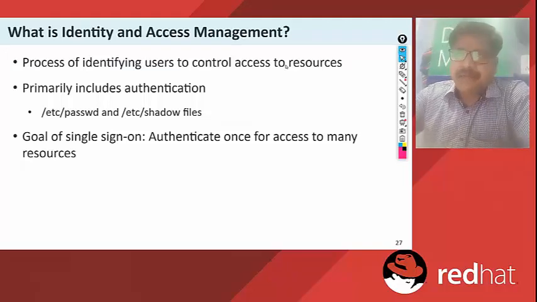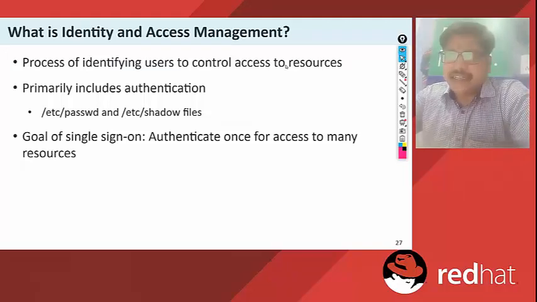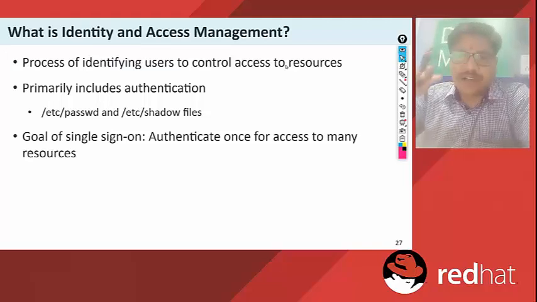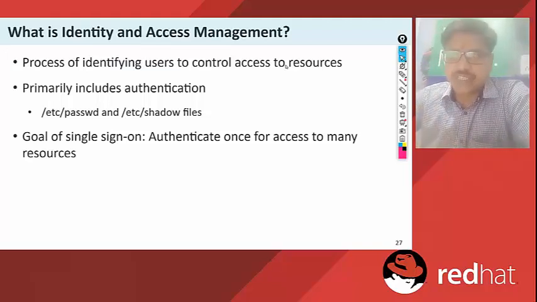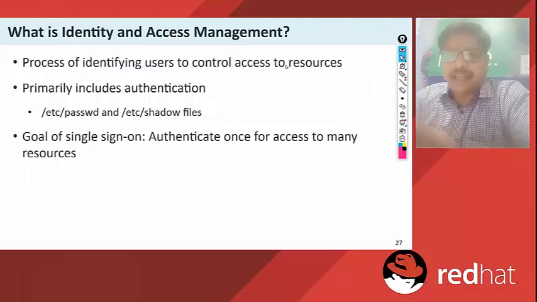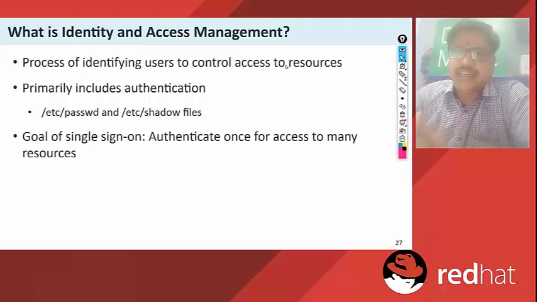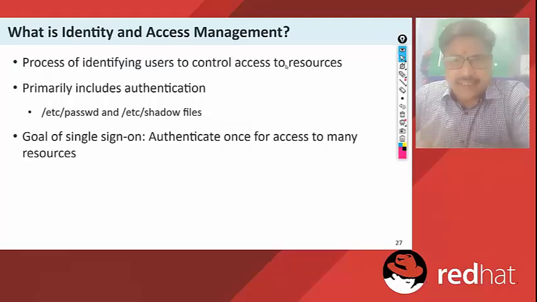So IAM, or identity and access management, is a process of identifying the users to control the access. It means when you provide the identity, based on the identity the resource will be allocated to you, and you can access the specific resources as per your identification.